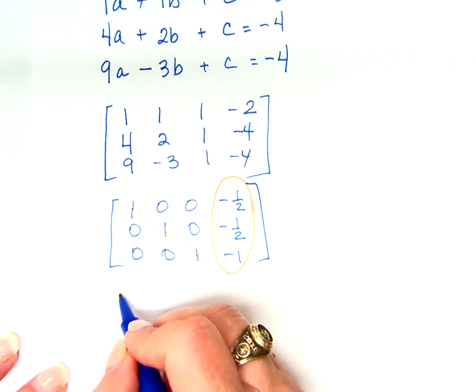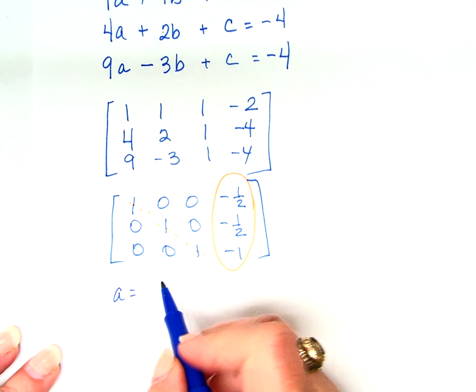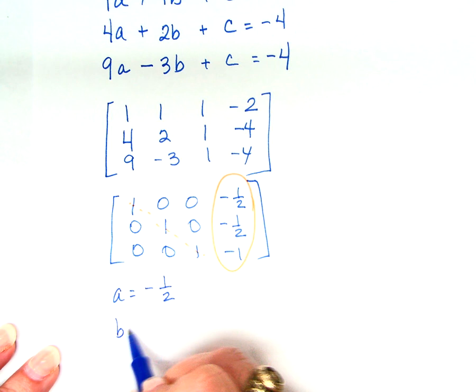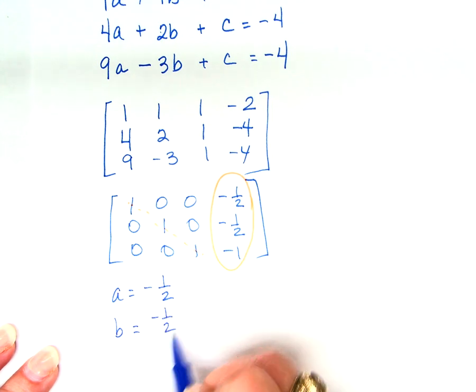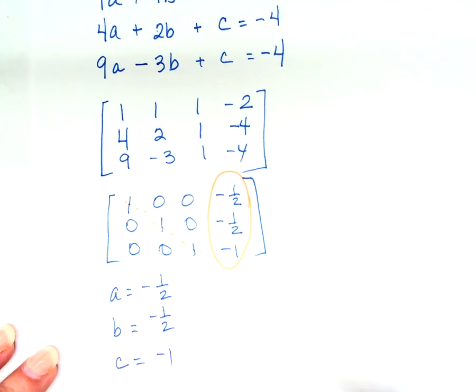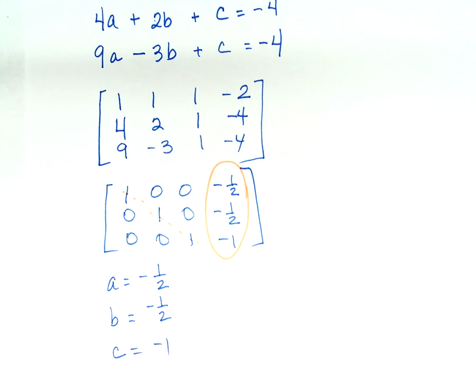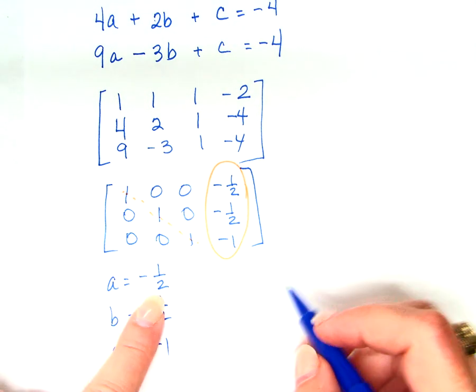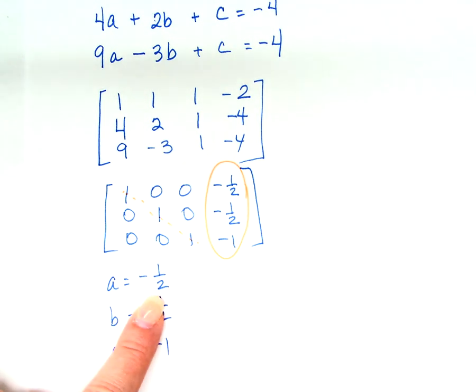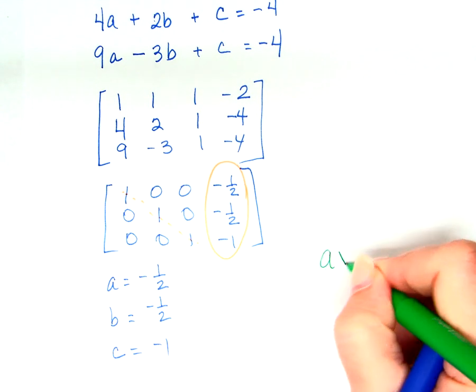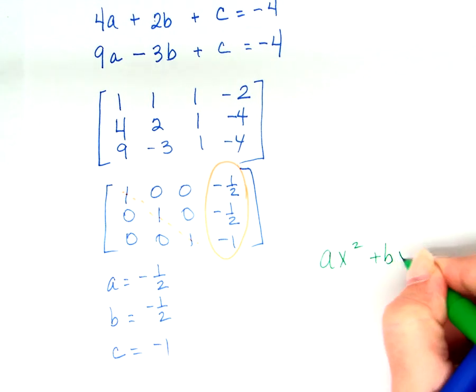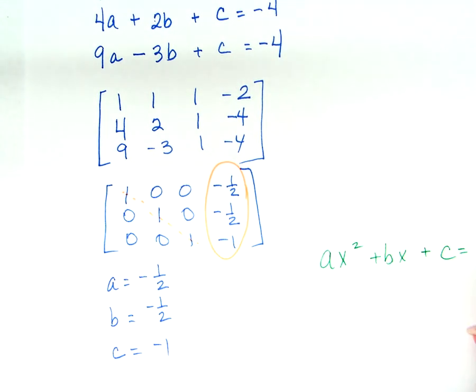So what is A? Negative 1 half. What is B? Negative 1 half. And what is C? Negative 1. So what is my equation? I'll write it down here again just to remind you. Ax squared plus bx plus c equals either y or 0.